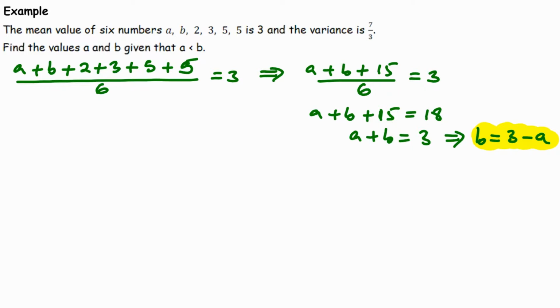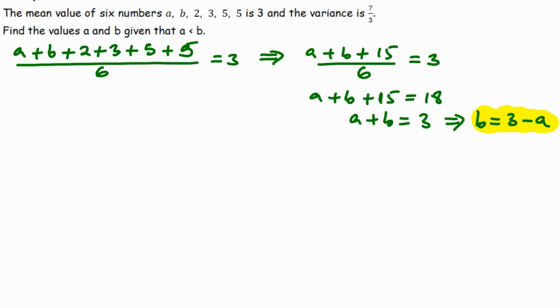Now, we know that to find the variance, we have to subtract the mean from each of these data points.